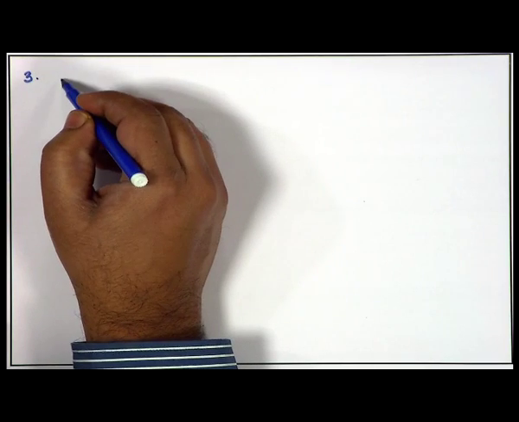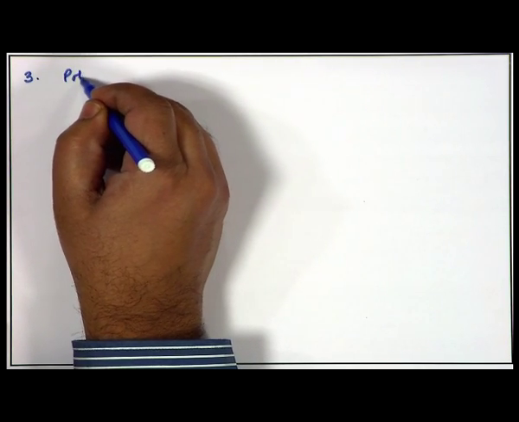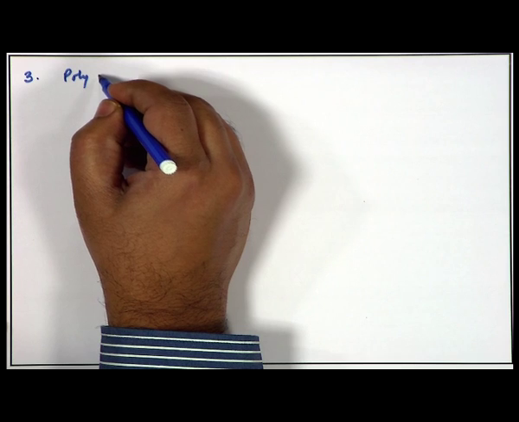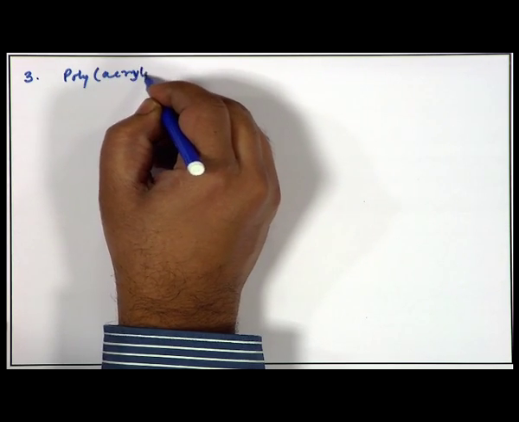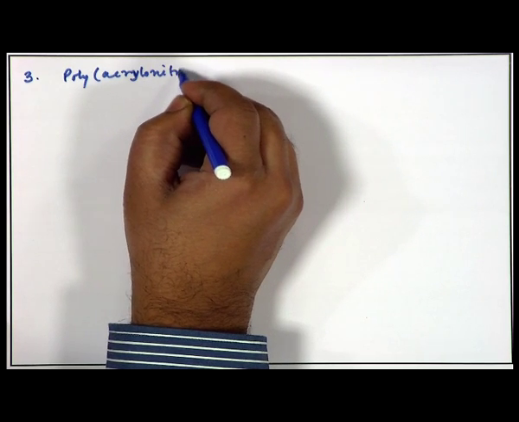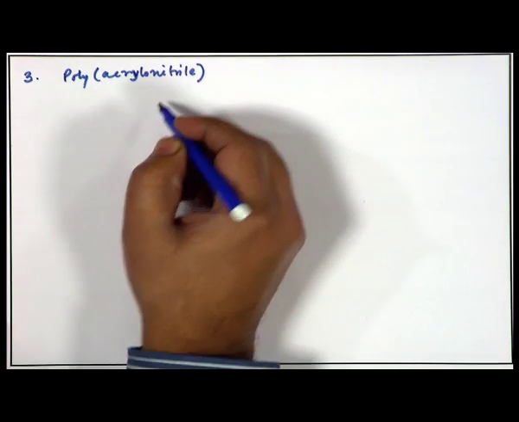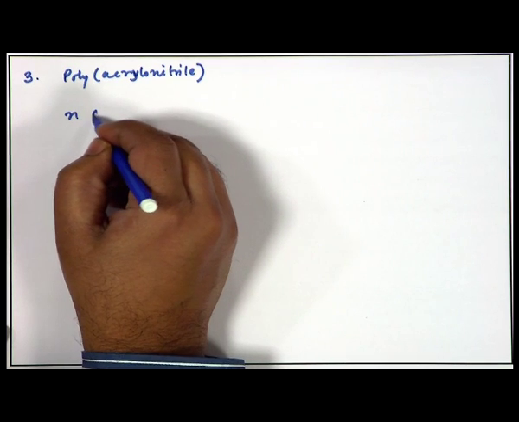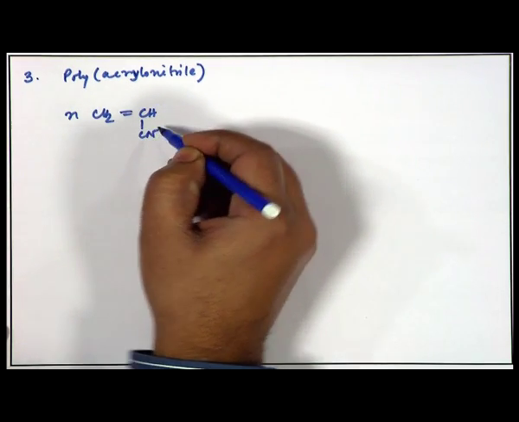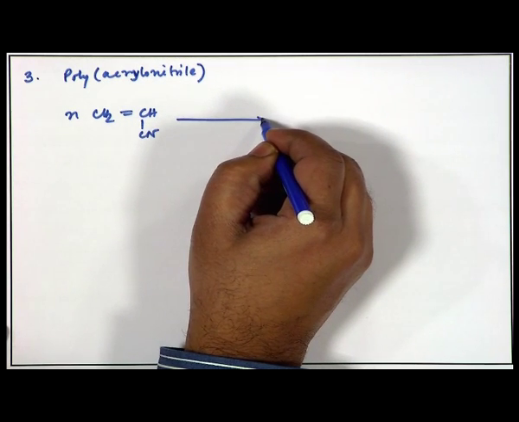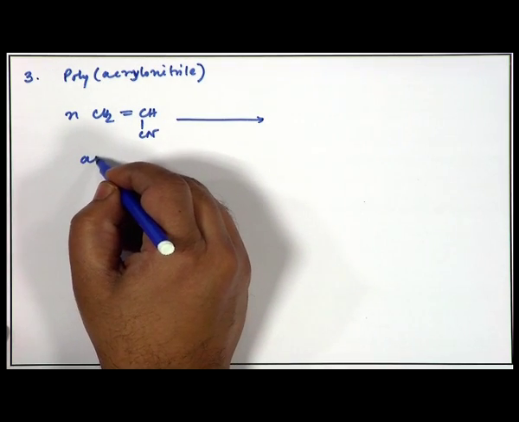Now, the third example we will give is polyacrylonitrile. So, the monomer in this case is acrylonitrile.